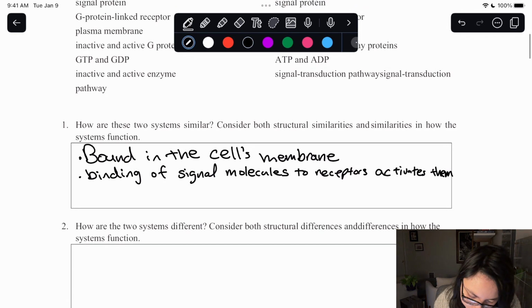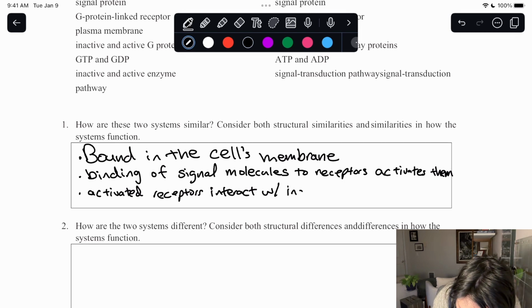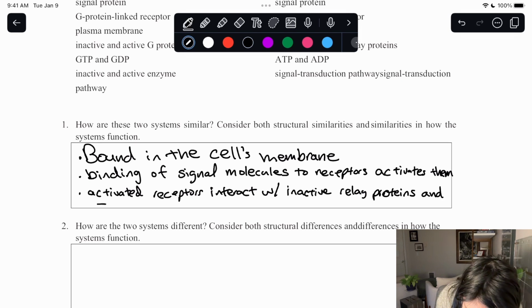Then the last thing you're going to add here is that these activated receptors interact with inactive relay proteins and therefore activate them.